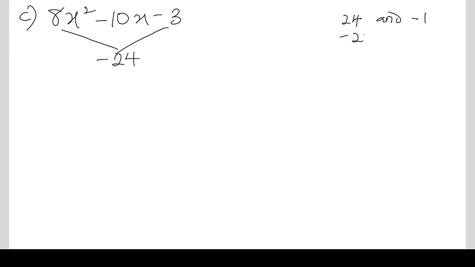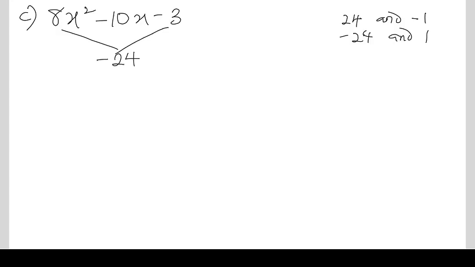So minus 24 and 1 is going to give us minus 24. But when you add up 24 and minus 1 together, it's never going to give you minus 10. And when you add up minus 24 plus 1 together, it's never going to give you minus 10, because this is going to give you minus 23, while the first one is going to give you 23. And we have minus 10.